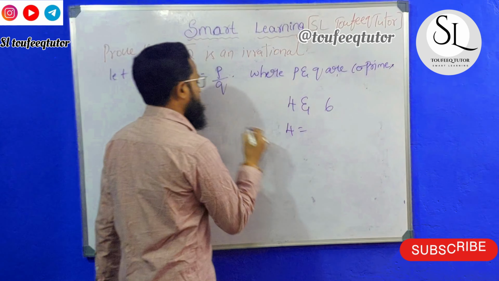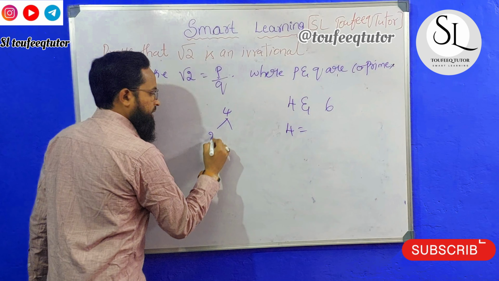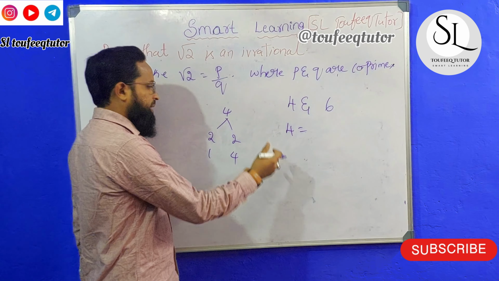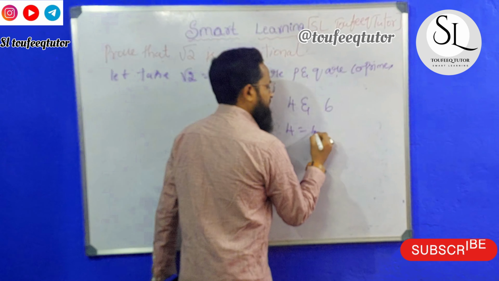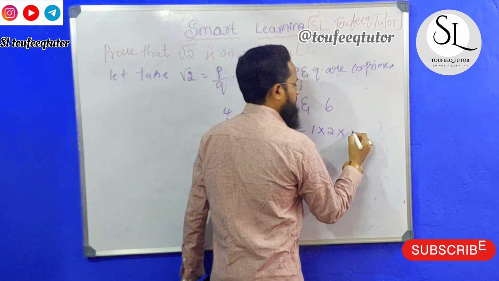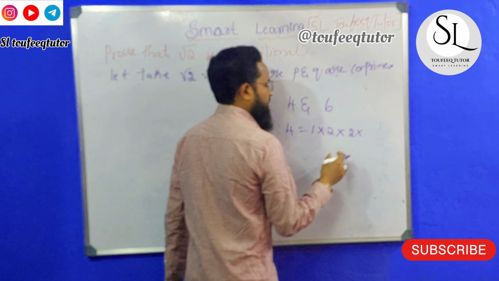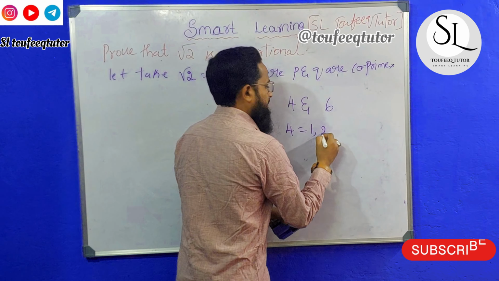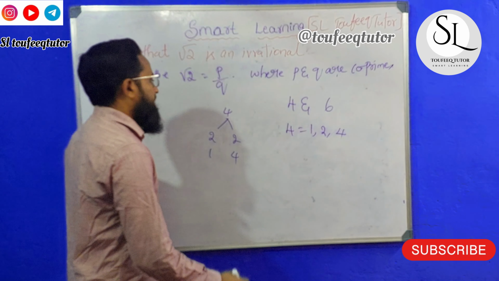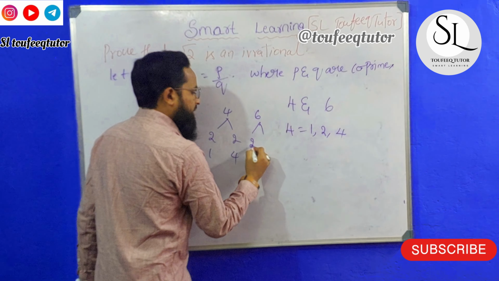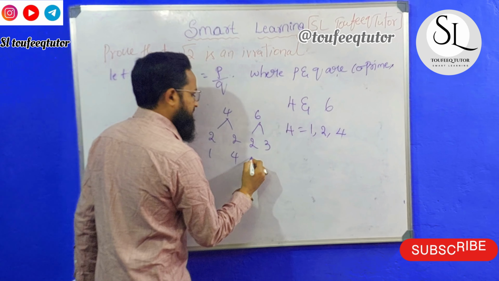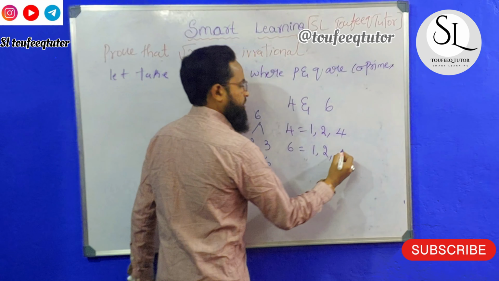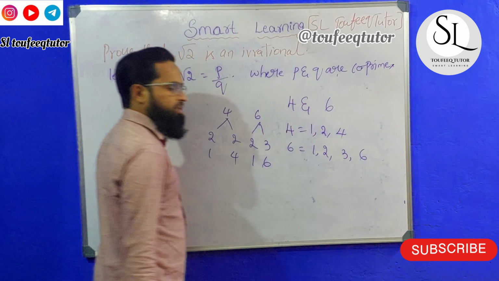The factors of 4: 2 times 2 is 4, 1 times 4 is 4, so 1, 2 and 4. Whereas the factors of 6: 2 times 3, 3 times 2, and 1 times 6, so 1, 2, 3 and 6.